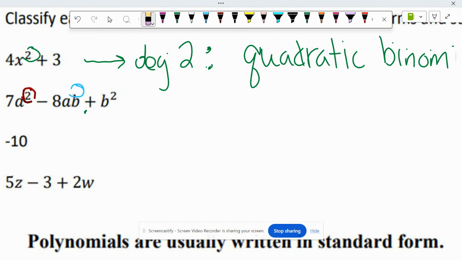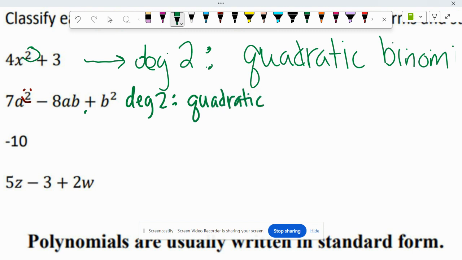So these are all degree 2. If something is degree 2, we call it a quadratic. And how many terms does this have? 3. So this is a quadratic trinomial.